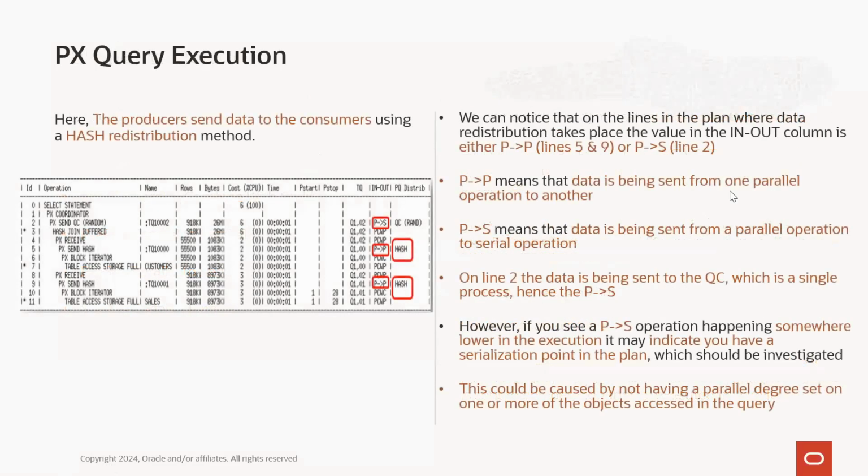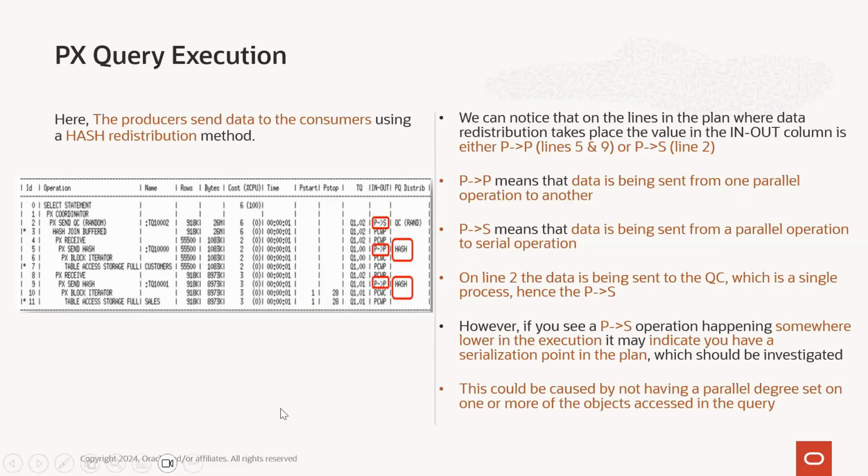So here we can see it as P2S, P2P. So like this, how it will be represented. Here the producers send data to consumers using a hash distribution method. We can notice on the line numbers from 5 to 9, where the data distribution takes place, the values in the in and out columns are either P2P or P2S.